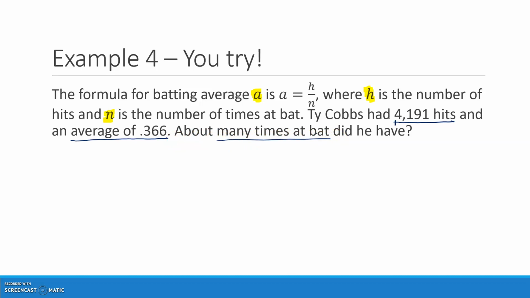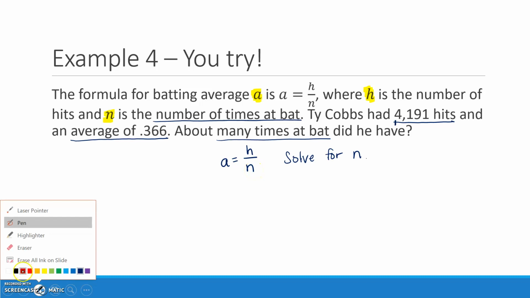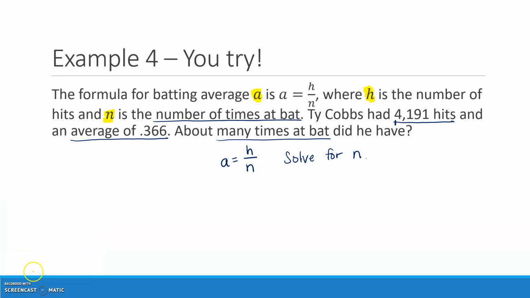So if we look at our original formula, which variable do we need to solve for? We need to solve for N because it wants to know how many times at bat, and N is the number of times at bat. This is like a problem we did yesterday. There's a variable in the denominator, so we need to get N out of the denominator.